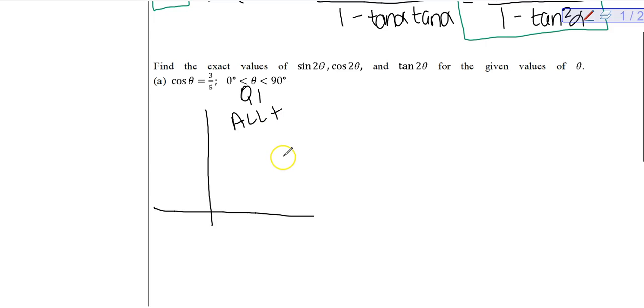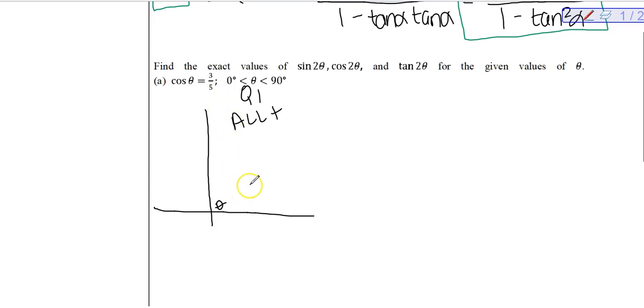And here's what I have. I have angle theta. Now remember, angle theta comes from the origin, right? And its terminal side goes somewhere off into quadrant 1, okay? And I have cosine of theta, so theta's here somewhere. Cosine of theta is adjacent over hypotenuse. And cosine's your x-axis, yes?